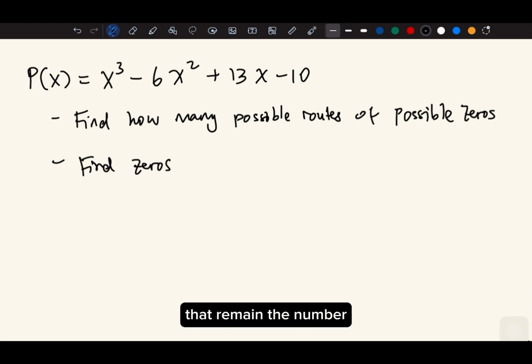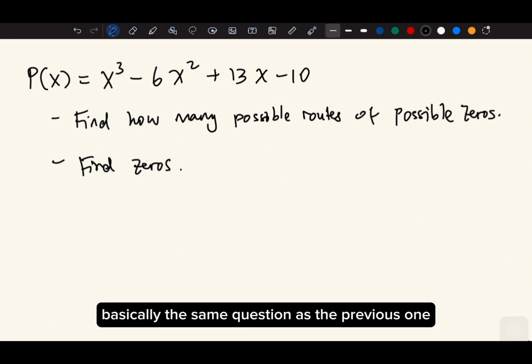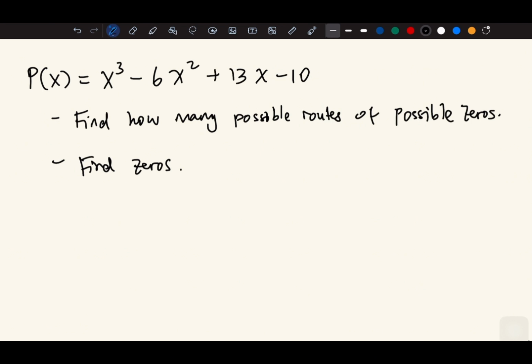Determine the number. Basically, it's the same question as the previous one. The previous one I forgot to write it.